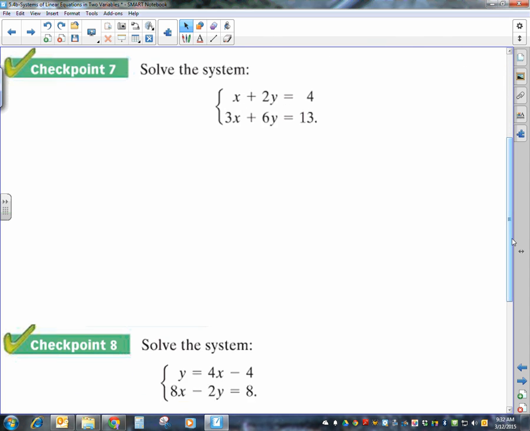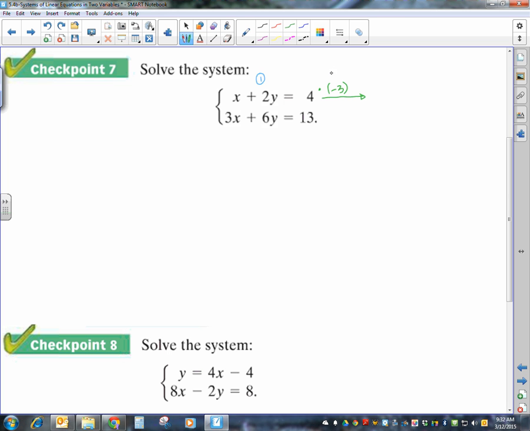So it says solve the system. I already have it in my ax plus by form. So the next thing I'm doing is I'm looking to see what I can multiply by. This is a 1 and that's a 3. So I'm going to multiply this one by a negative 3.